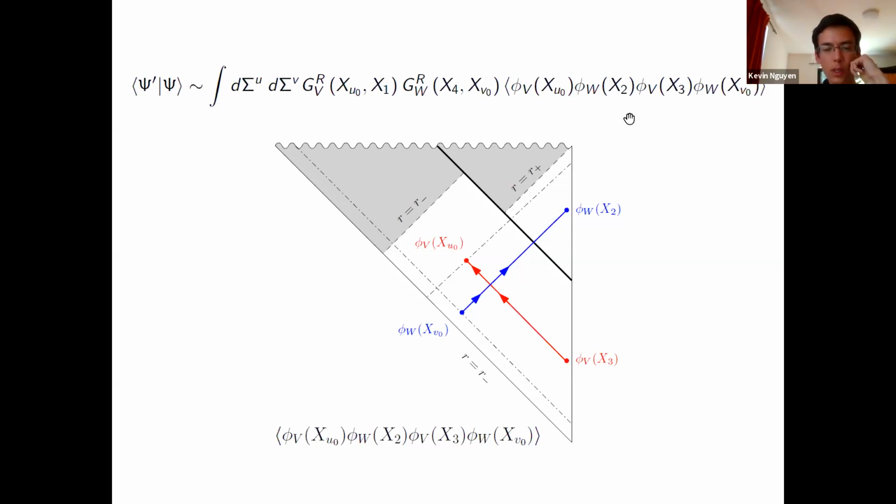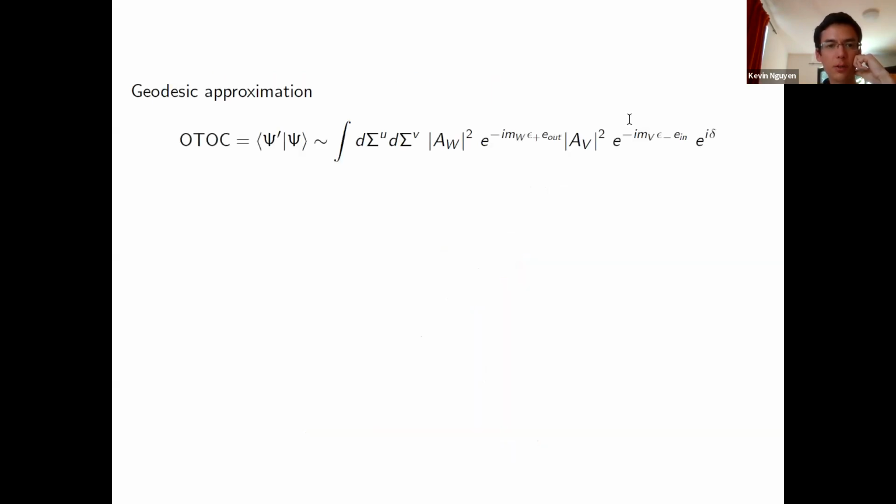Okay, but since we are using the geodesic approximation, I can further simplify this expression. So I replace the time-ordered 4-point function, and we have this exponential i delta which appears. And I replace the propagators by amplitudes times phase factors. And the phase factors would disappear if I did not separate both W operators on the boundary by some small time epsilon plus.